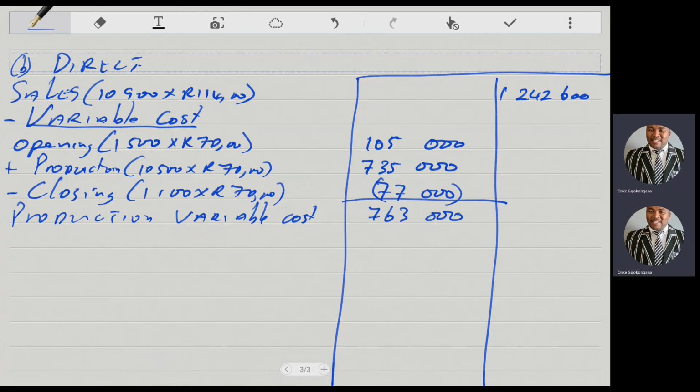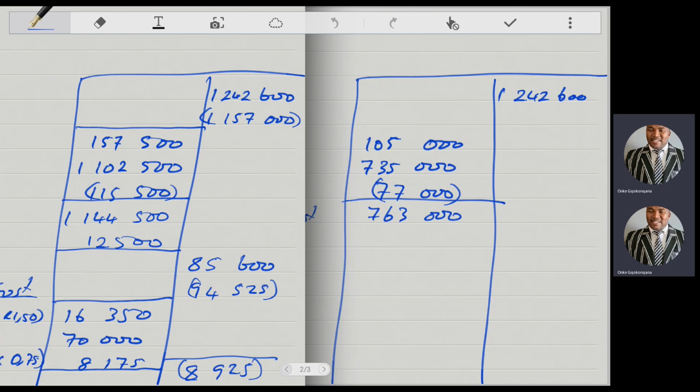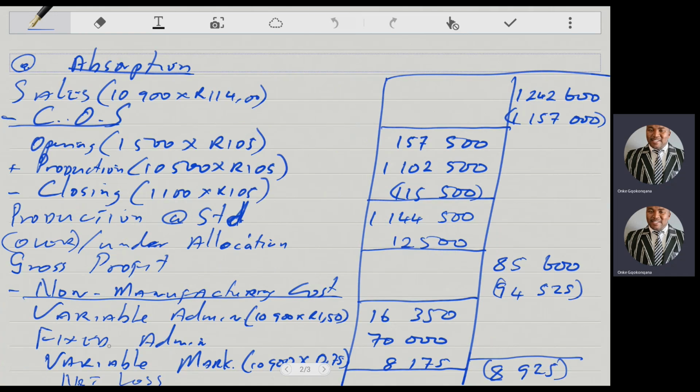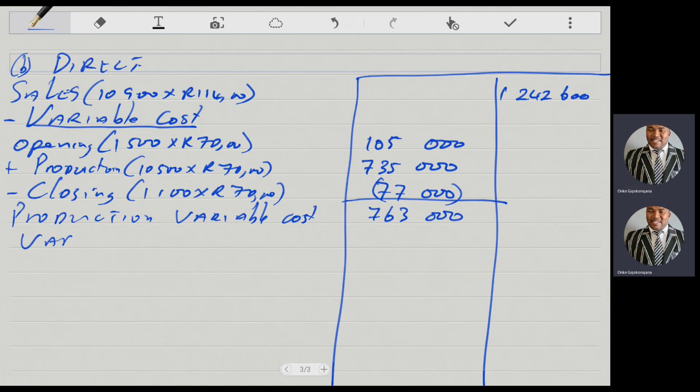Then we look at our variable costs that we have. If you look here, we've already indicated we've got two: variable admin and variable marketing. Some people have this mentality of thinking that we are going to include the production when we calculate this variable admin. But variable admin is based on sales, so you cannot use the production to work out this calculation.